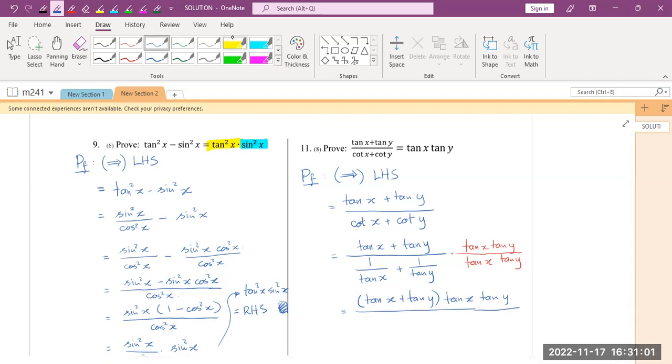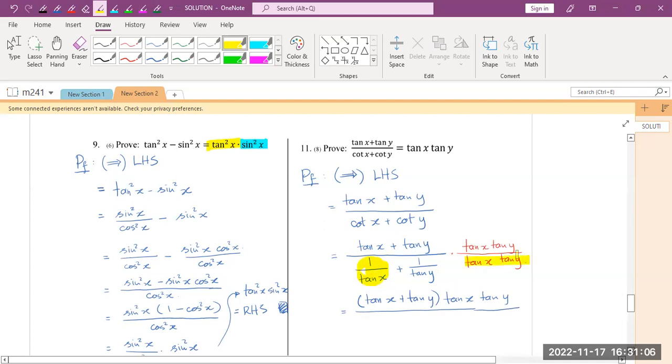Now, on the denominator, on the other hand, this guy multiplied by tangent x, tangent y will give us the tangent x cancel, right? So we get only tangent y plus the second term when we multiply 1 over tangent y times tangent x, tangent y. You see tangent y cancels, right? And we therefore have only tangent x.